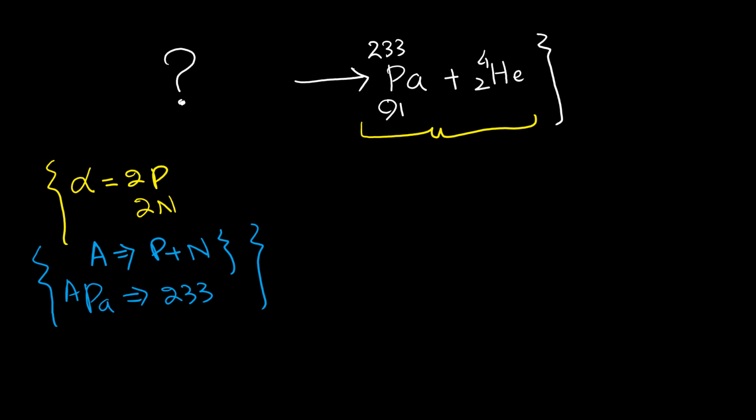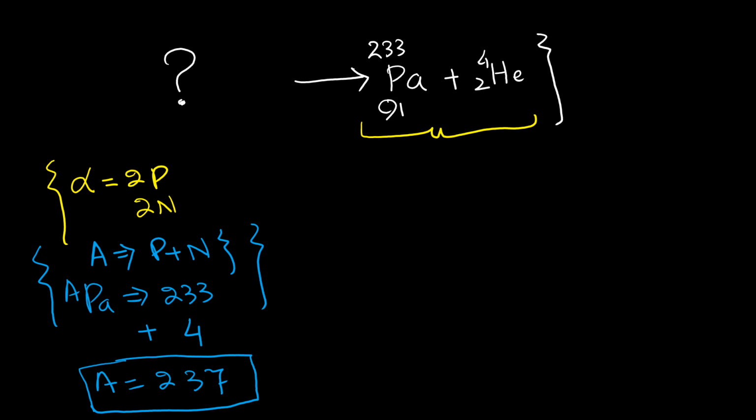So four new particles, two protons and two neutrons, will be added to protactinium. So the atomic weight of the parent atom will be 237.